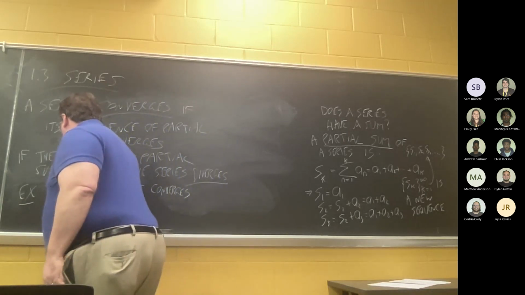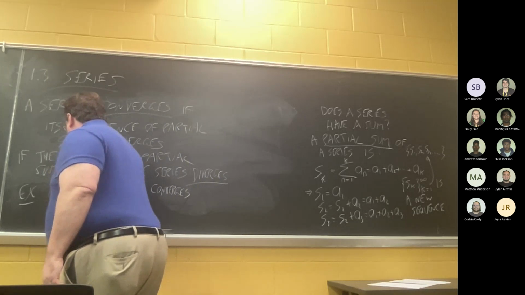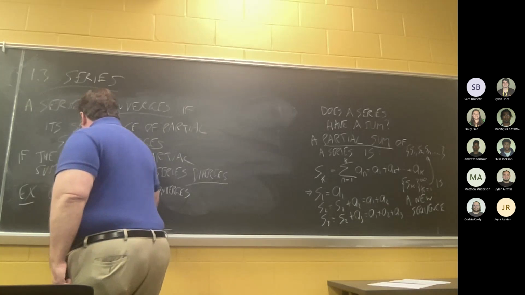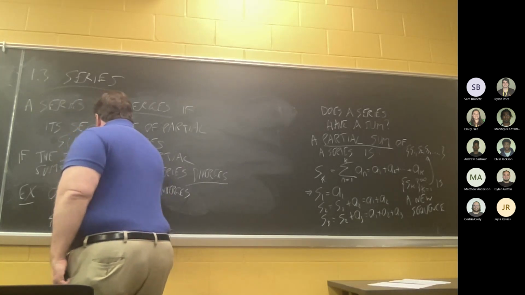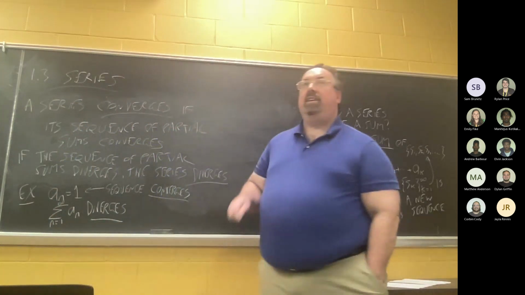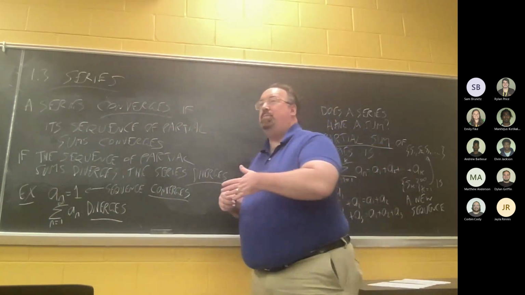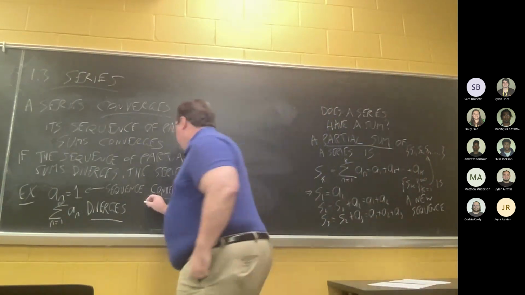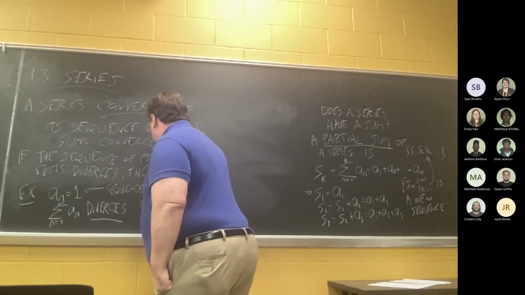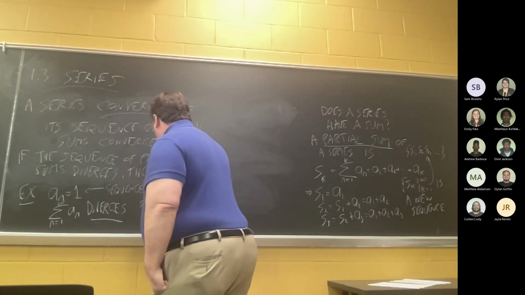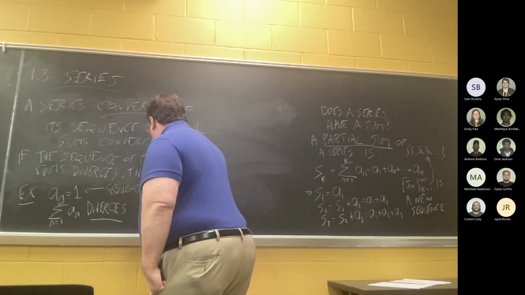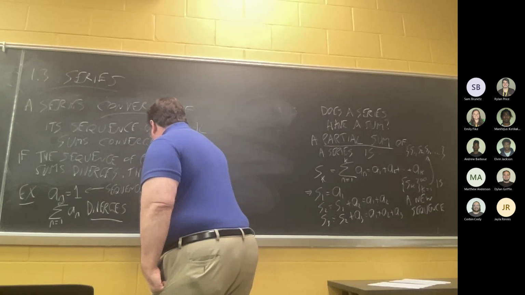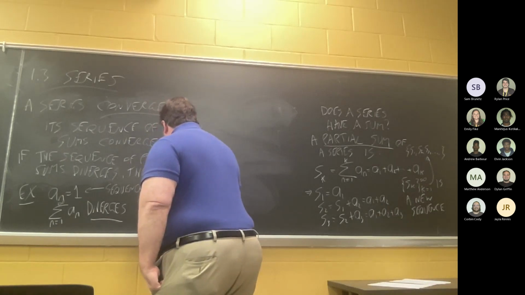Then, I define a sum from 1 to infinity. This series diverges, because what are you doing? You're adding up 1 infinitely many times. If you look at the partial sums, s_1 would be equal to a_1, which is 1. The k-th partial sum is always going to be equal to k.